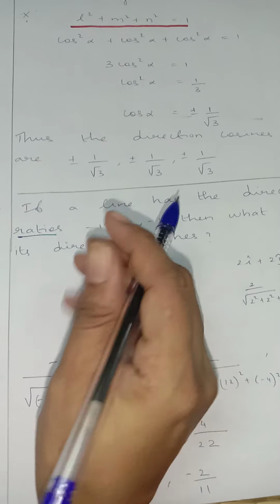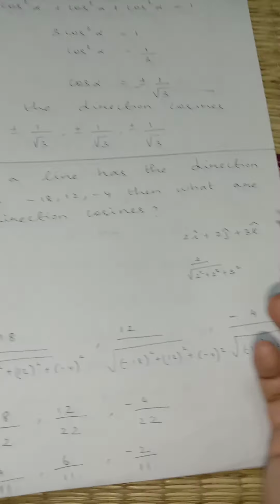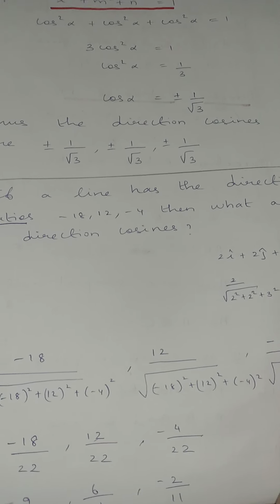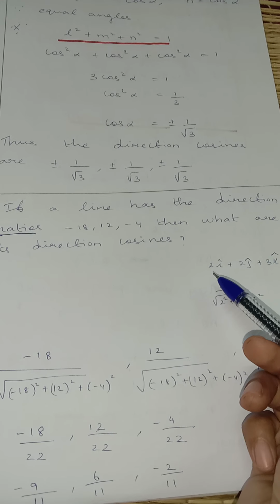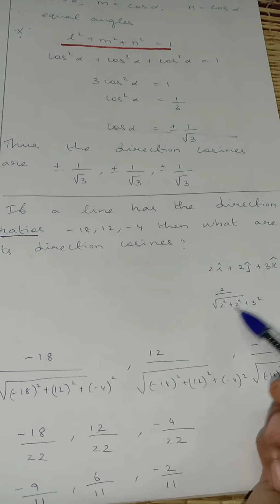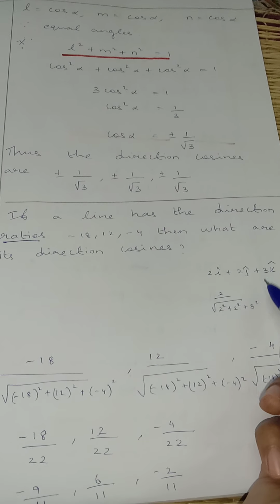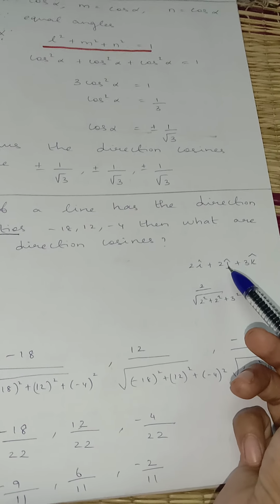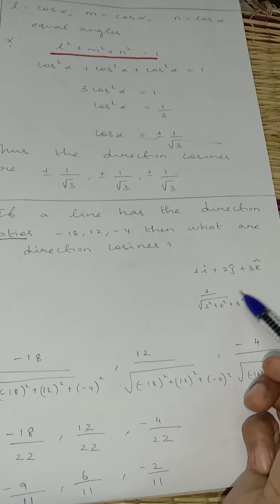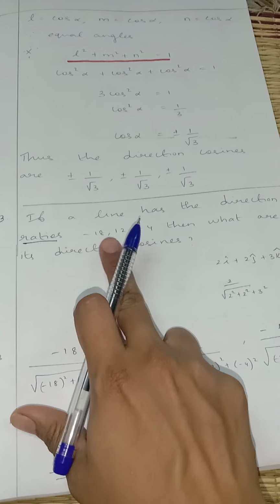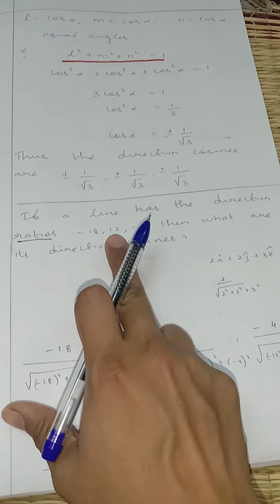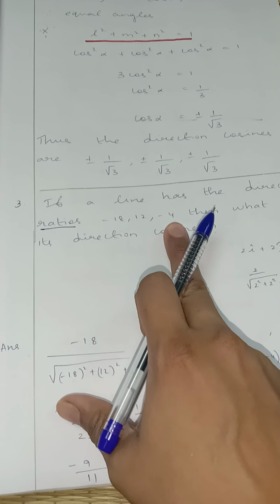then what is the meaning of ratios? Ratios means, see, in vectors you all know which are ratios and which are cosines. For example, 2, 2, 3: how will you find the direction cosines? 2 by root of 2 square plus 2 square plus 3 square, comma, 2 by root of the same value, comma, 3 by root of this value, right? The same thing we are going to find here using the points. They are given minus 18, comma 12, comma minus 4.